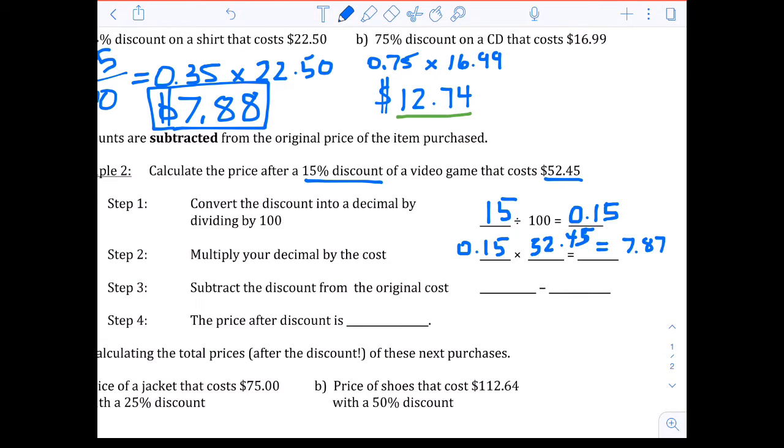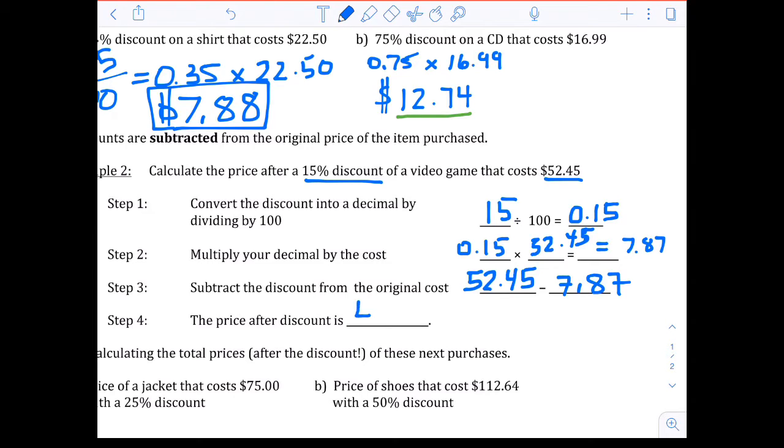So let's see how much it will actually cost. It says subtract the discount from the original price. So the original price was $52.45, and I'm going to subtract $7.87 from that. So I put those into my calculator. The original price, $52.45. Subtract $7.87.